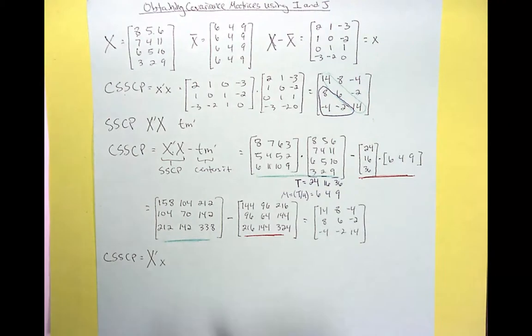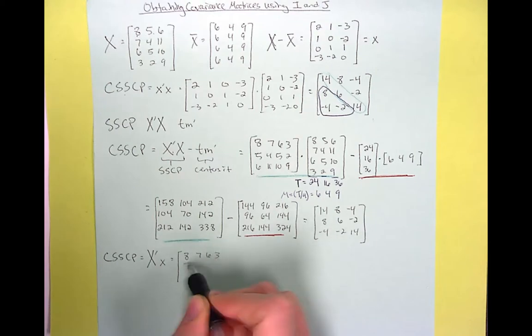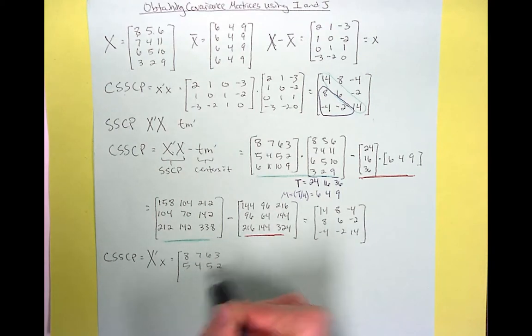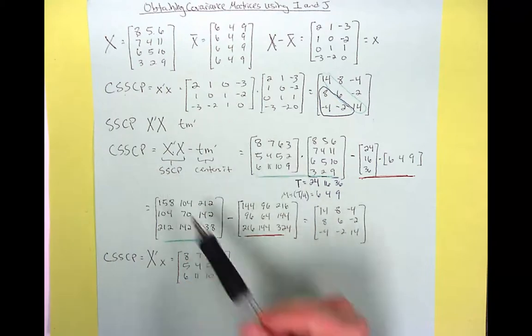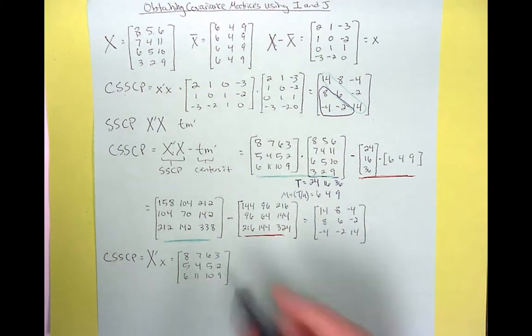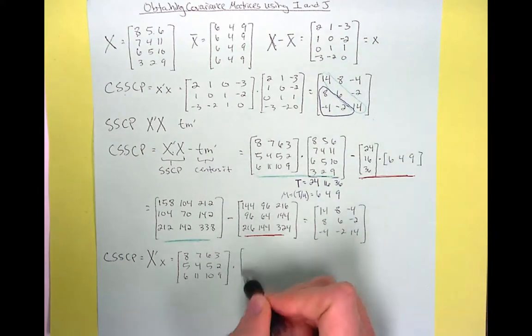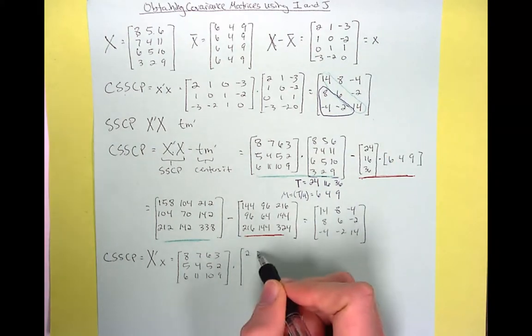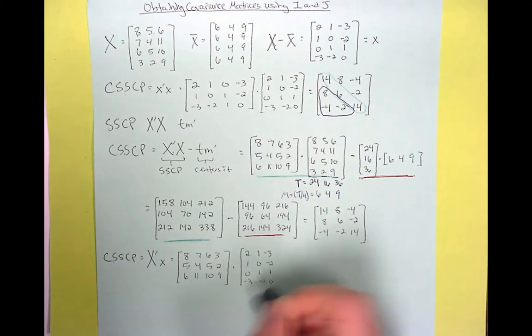Okay, so I'll demonstrate that. So here we'll have 8, 7, 6, 3, 5, 4, 5, 2, 6, 11, 10, 9. So essentially I have this piece of this equation and multiply that by our deviation scores here: 2, 1, negative 3, 0, negative 2, 0, 1, 1, negative 3, negative 2, 0.